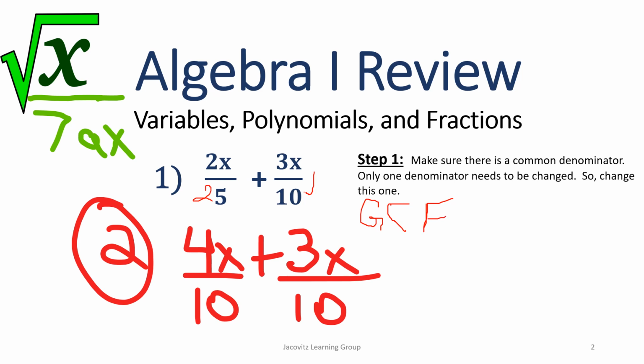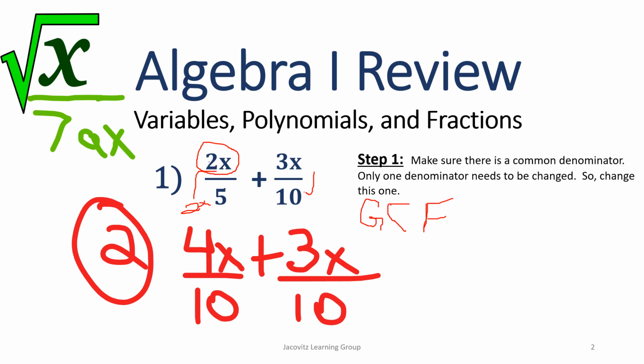So anyway, since it's 10, let's go ahead and make it 10. Two times 5 is 10, so 2 times 2 is 4. That's 4x because it's 2 times this whole term, the constant and the variable.